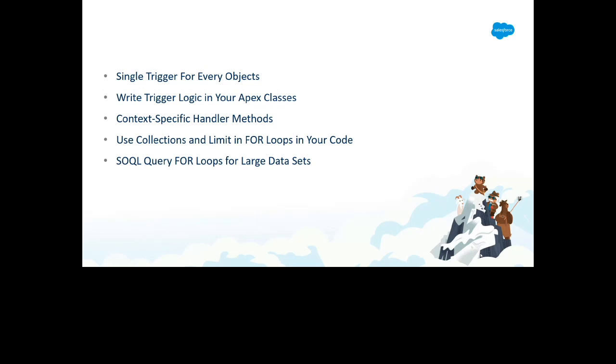So SOQL query for loops for large data sets. Basically, in this point, for large data sets to operate, you have to use the loops to operate more. Why did I put that point in here?